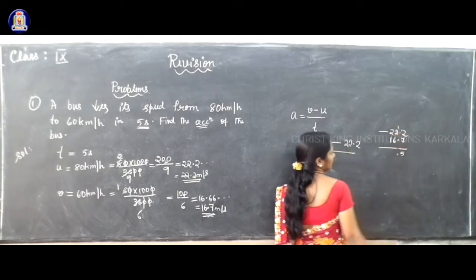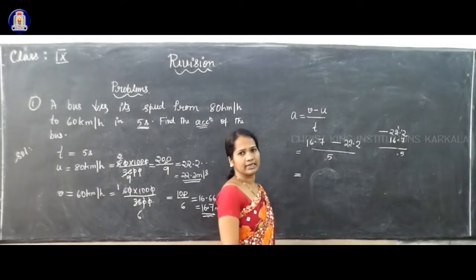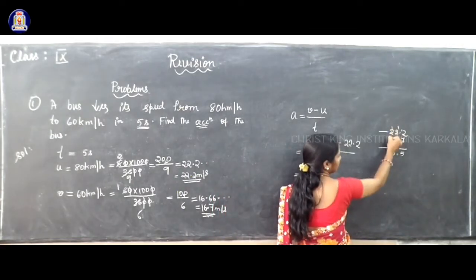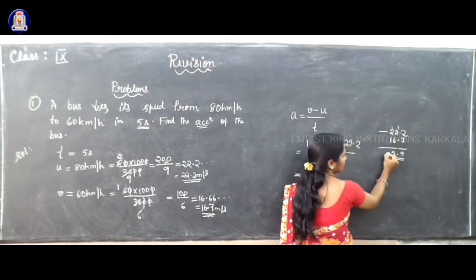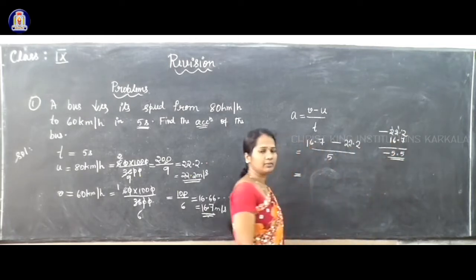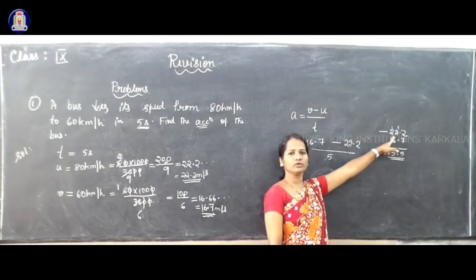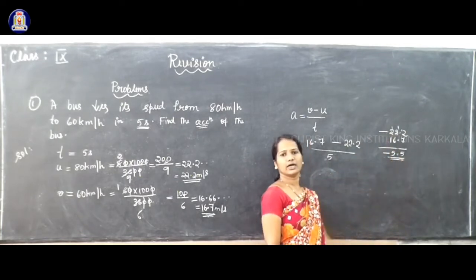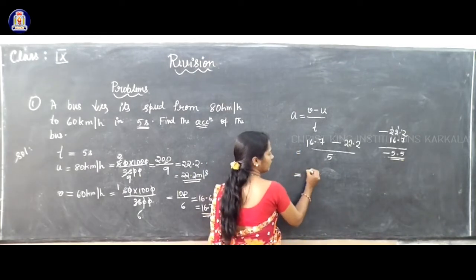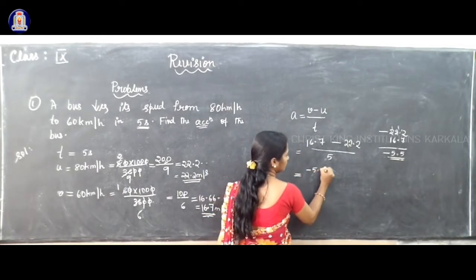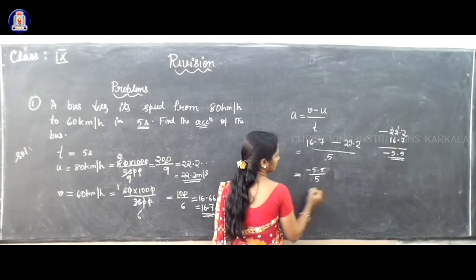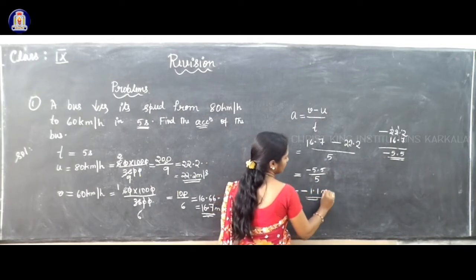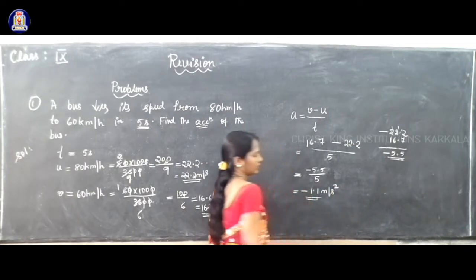Point, here 1 remaining. 11 minus 6 is 5. Here 1 minus 1, 0. 5.5, but it is minus. The bigger number is 22.2, its sign is minus. So minus 5.5 is the answer. Equal to minus 5.5 divided by 5, which is equal to minus 1.1 meter per second square.